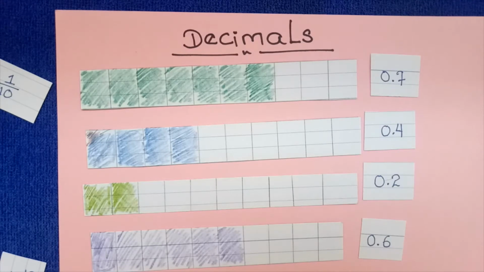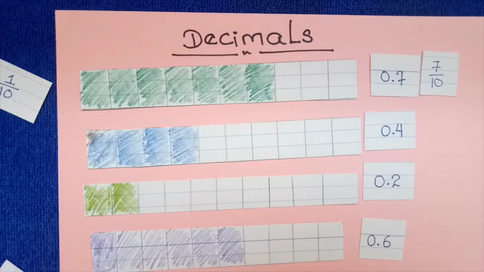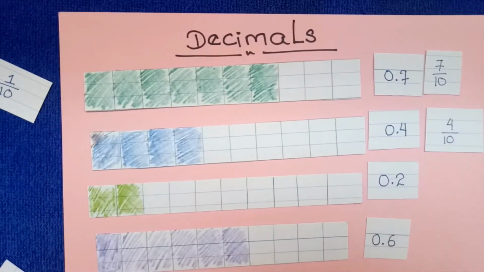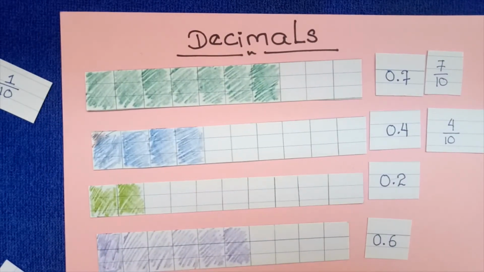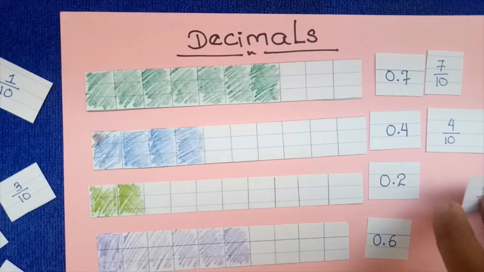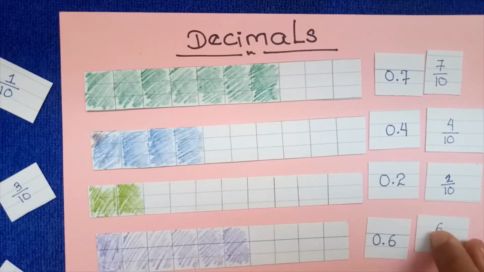The first one is 7 by 10. Second one is 4 by 10. The third one is 2 by 10. The last one is 6 by 10.